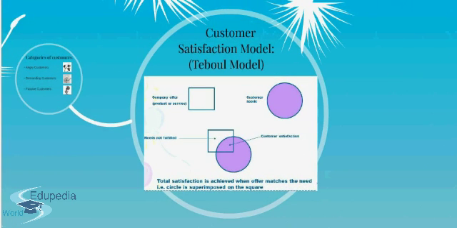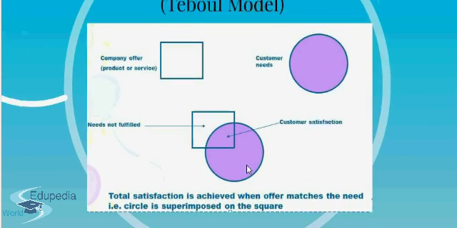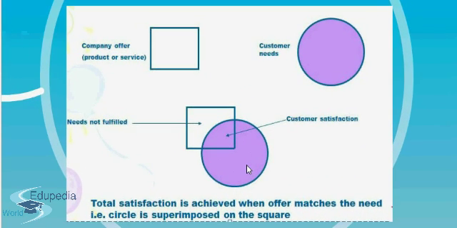Now there's a customer satisfaction model, known as the T-Ball model. If you see here, the square represents the company offering. It can be product, it can be services. And the circle represents customer needs.